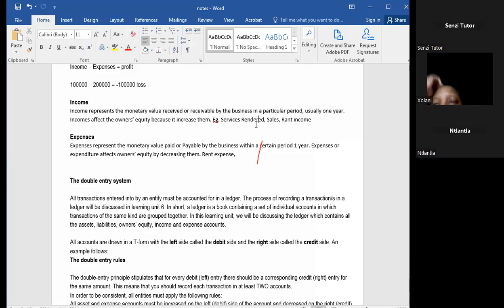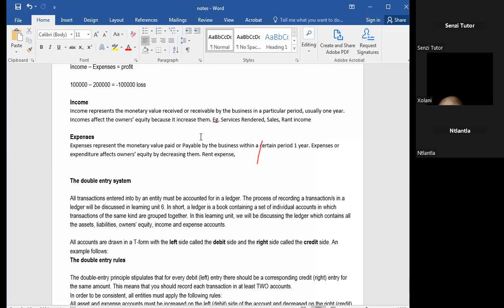But if your business is a trading business, maybe we are selling clothes and more, then it will be sales or revenue. And rent income is all about when you have a portion of a building and you have tenants, people who are paying to use that particular building. They are called tenants. Right? Then that particular income will be rent income.